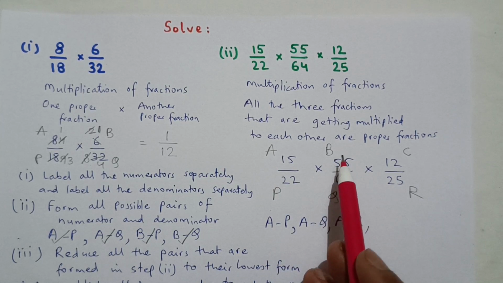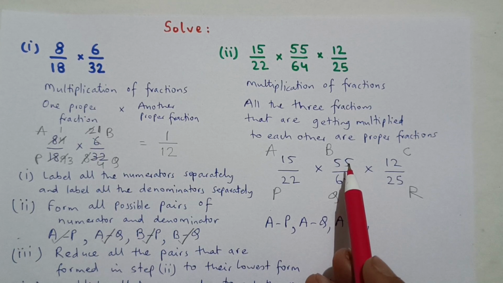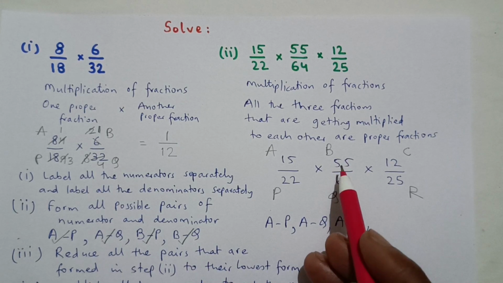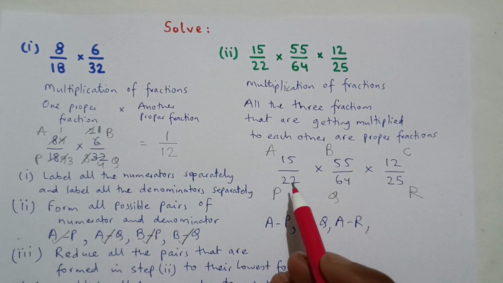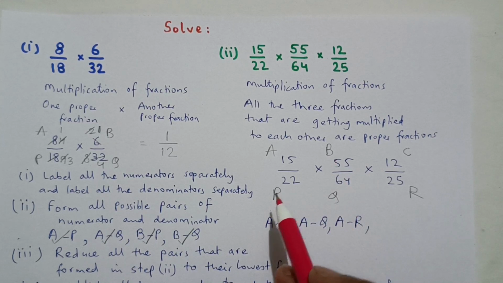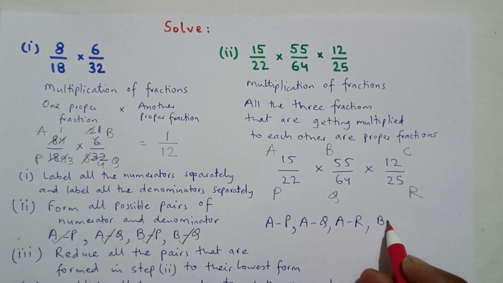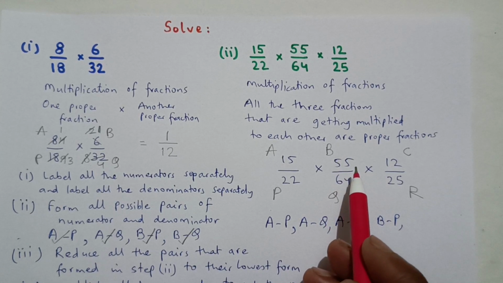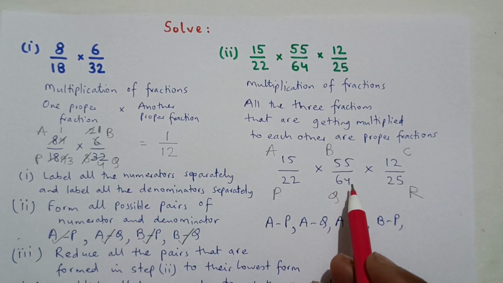Now let us take the numerator 55 and form all possible numerator denominator pairs with this numerator 55. So one numerator denominator pair is 55 by 22, so BP. Another pair with numerator 55 is 55 by 64, so BQ.